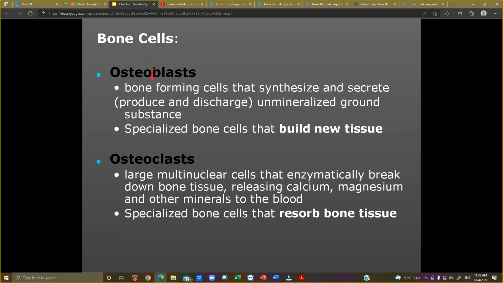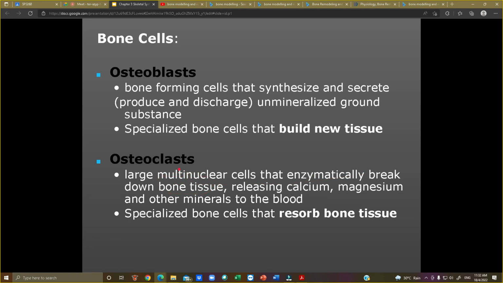Osteoblast buat bone forming cell, synthesize and secrete unmineralized ground substance. This unmineralized ground substance start from osteoclast. Okay, so osteoclast pula, cell that enzymatically breaks down bone tissue.